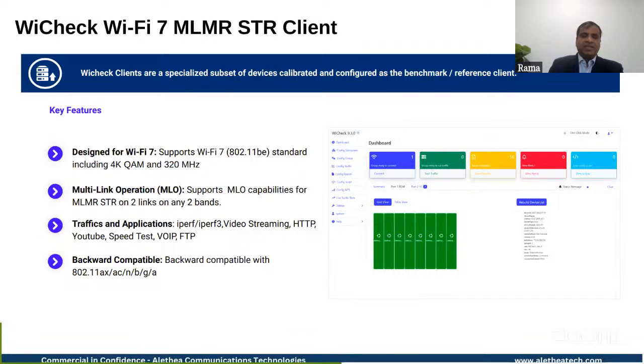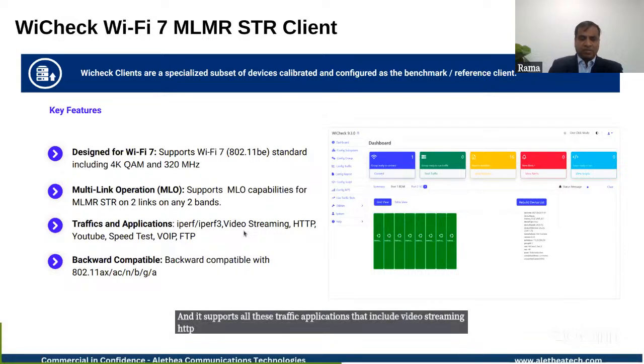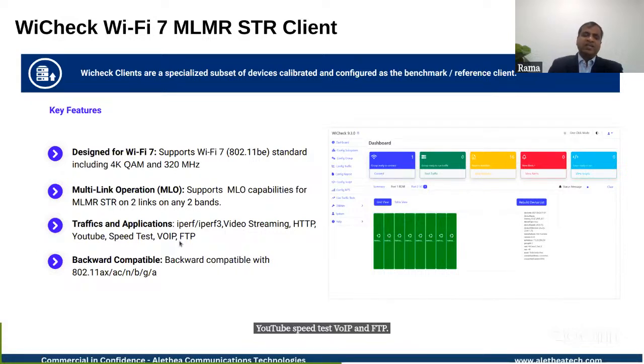The MLMR STR client supports 4K QAM and 320 megahertz. We are using only 160 megahertz for the purpose of the test. It supports MLMR STR, and all these traffic applications, including video streaming, HTTP, YouTube, speed test, VoIP, and FTP. The device itself is backward compatible with all the legacy Wi-Fi technologies.